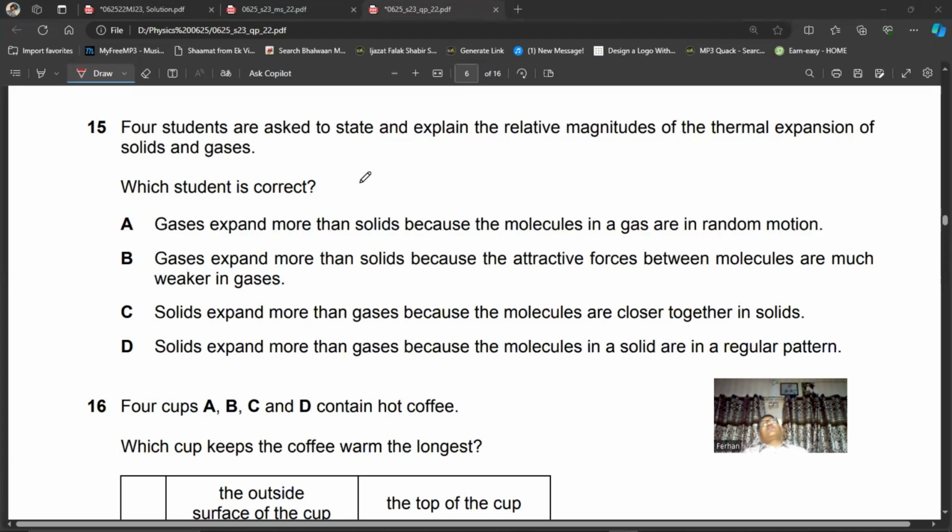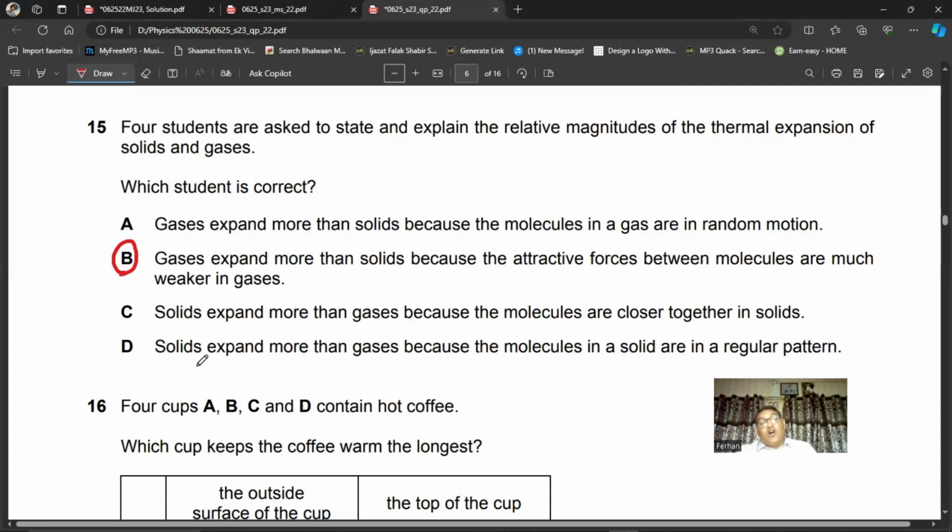Gases expand more than solids because the molecules in a gas are in random motion. Option B is that gases expand more than solids because the attractive forces between the molecules are much weaker in gases. So I think B looks the best answer to me.